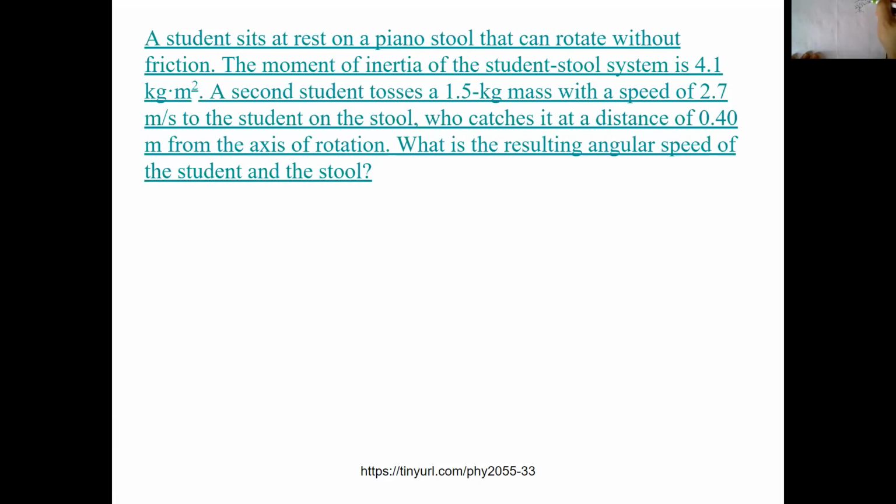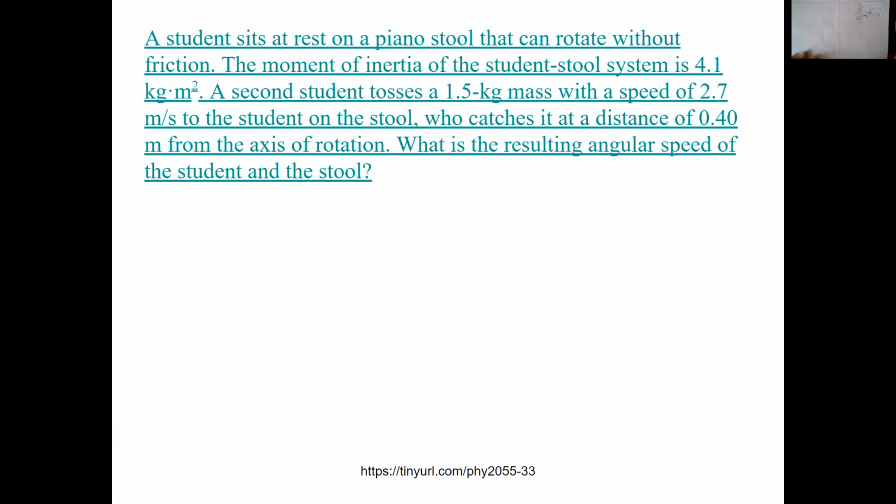He'll catch that point mass that's moving in that direction, v equals 2.7 meters per second, mass equal to 1.5 kilograms, and this is R as 0.40. Initially, the student is at rest, and it's asking what will be the resulting angular speed. So after the impact, this guy will rotate in this direction, omega.